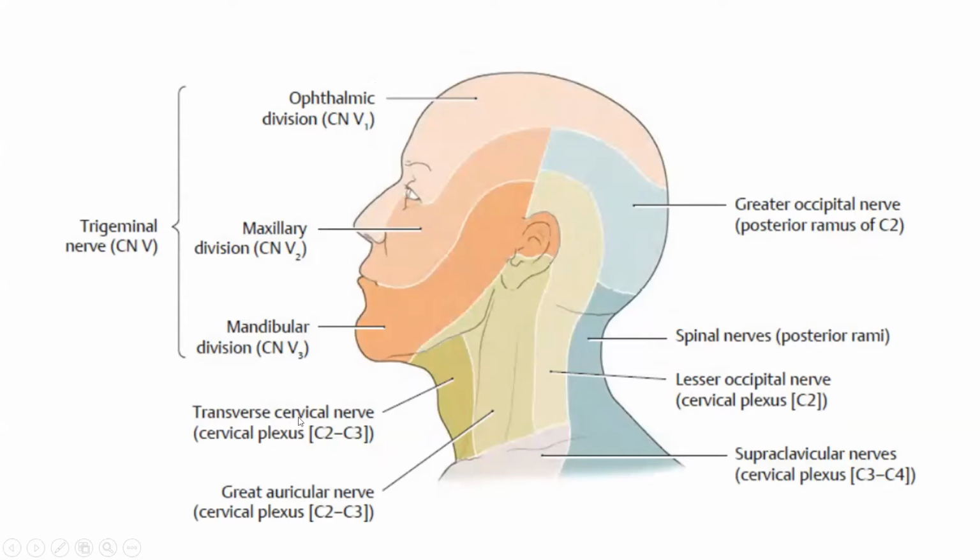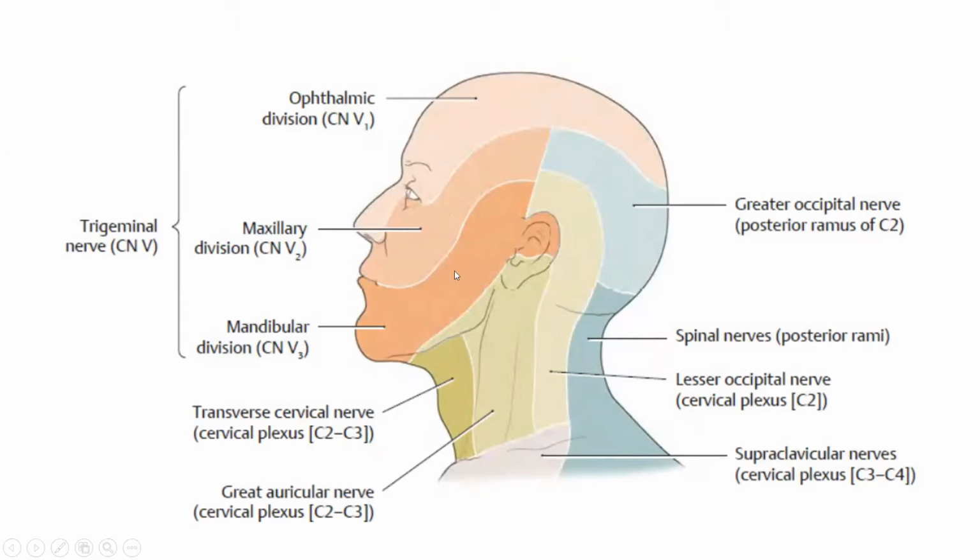And here also the greater auricular nerve, which is also from the cervical plexus. But anterior to the interauricular line, those are the areas innervated by the territory of the trigeminal nerve: the ophthalmic nerve, the maxillary nerve, and the mandibular nerve.